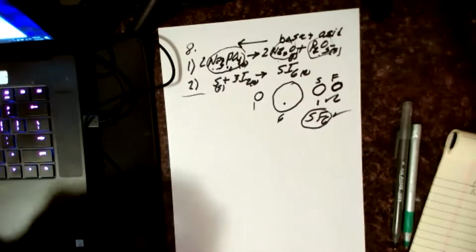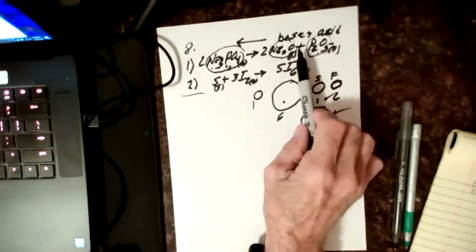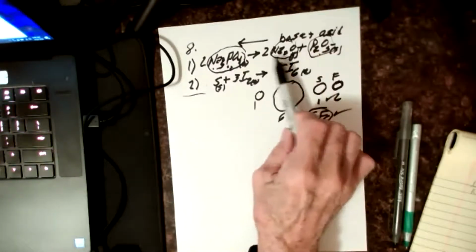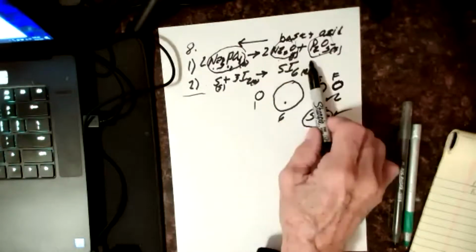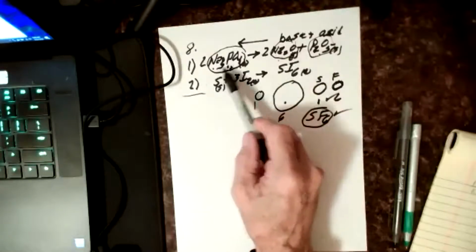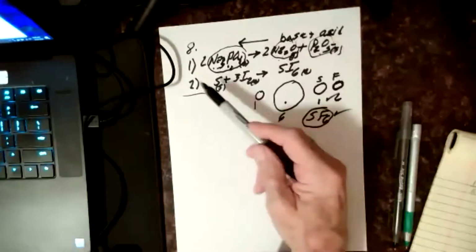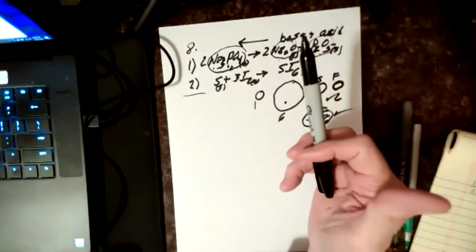Okay, but again, how do you prepare for that one? The preparation is just what I told you. Look at the reactions, see if you can figure out why a reaction might happen or might not happen. Look at both the reactants and the products going from left to right and right to left, and see which one you think would be the most likely way for the reaction to occur.